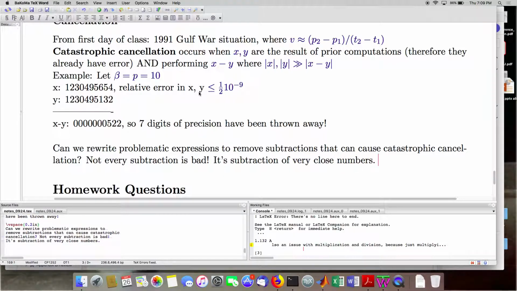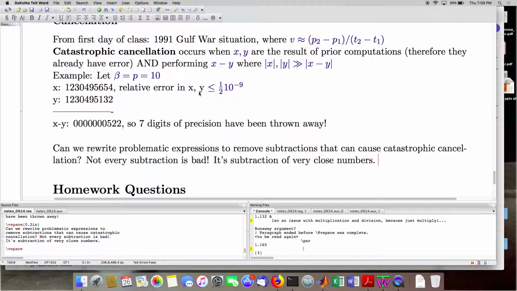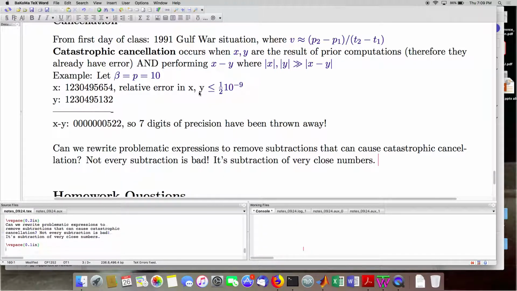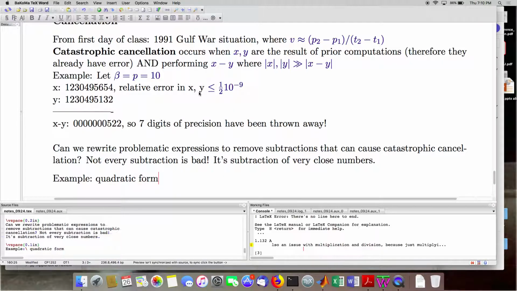Now, I'll give you an example of where something can go wrong. It's actually set up to a homework problem, so I won't get into the problem very far. But just to give you some background, something we take for granted, also, the quadratic formula.